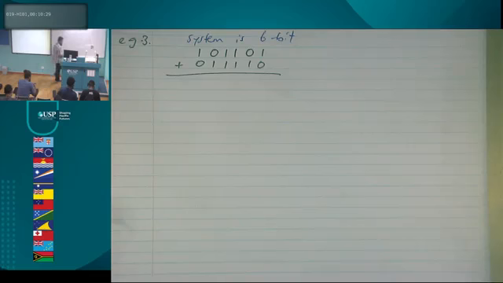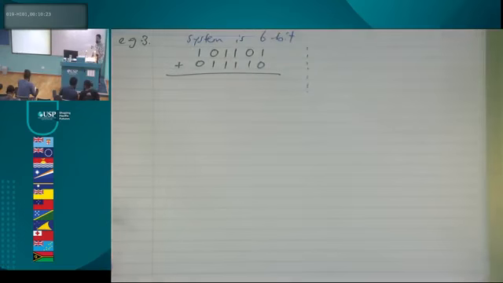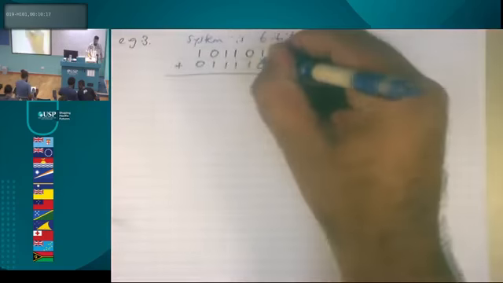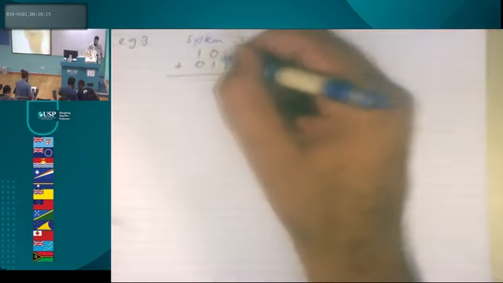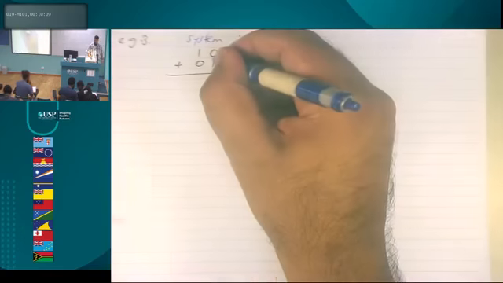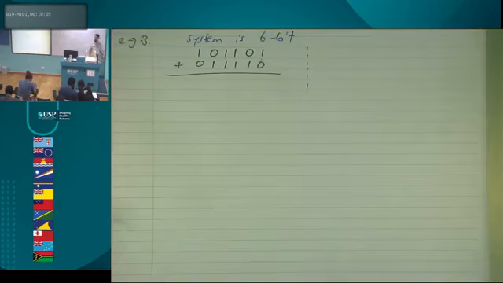Okay, so what do we get? And guys, I want you to do the expected answer on the right-hand side. One plus 4 is 5 plus 8 is 13, plus 32 is 45.